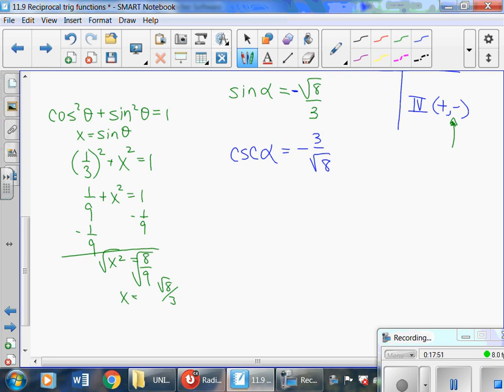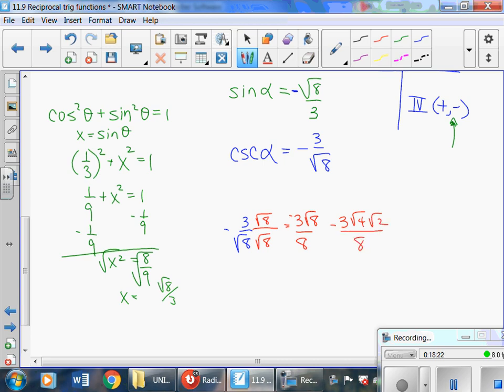So let's bring it down here. 3 over rad 8 is equal to, to rationalize it, we multiply the numerator and the denominator by rad 8 over rad 8. So rad 8 times rad 8 is simply 8, and we get 3 rad 8 up here. But remember, rad 8 we can reduce one more time to 2 rad 2, so 3 times 2 rad 2 over 8, and we still have a negative sign here, let's not forget about that.